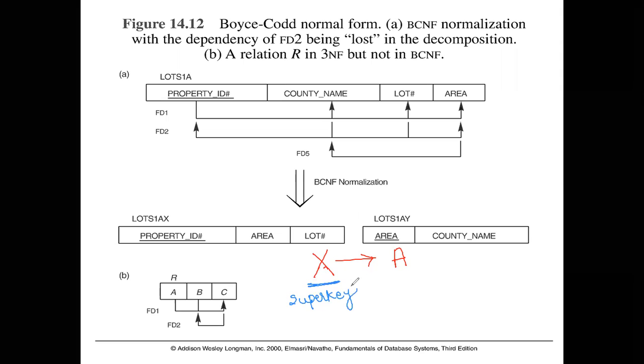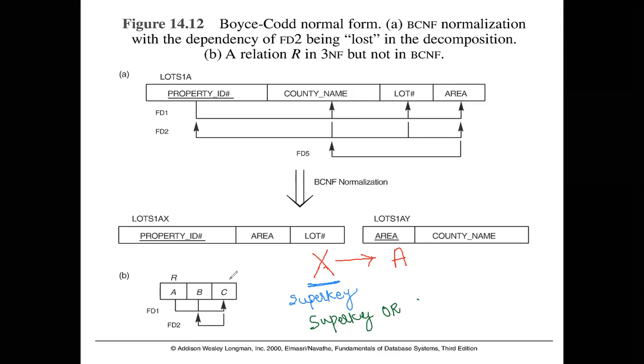So that is the condition. Whereas in 3NF, the condition is either this should be a super key or this should be a key.